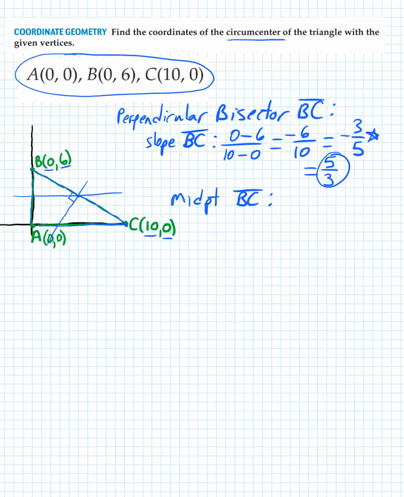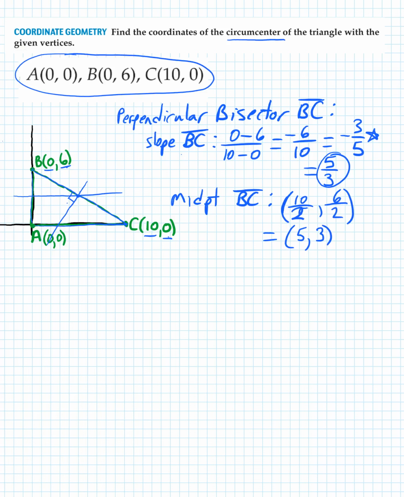You add the x's together, divide by 2, add the y's together, divide by 2, and you get the middle point. It's just like averaging numbers. The x's: 10 plus 0 is 10, divided by 2. The y's: 0 plus 6 is 6, divided by 2. So our midpoint is the point (5, 3).